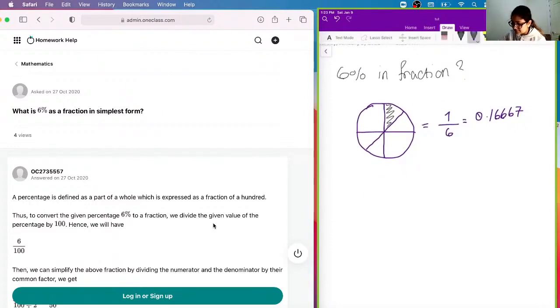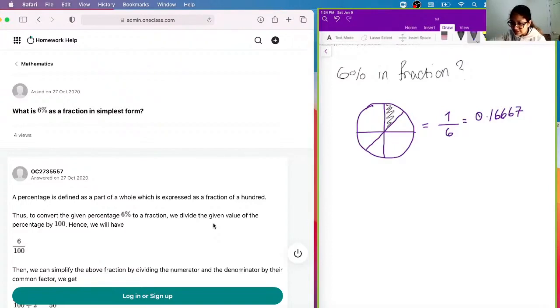Okay. And so keeping this in mind, we can basically find the fraction of 6%. When we're dealing with percent, if it gives you a percent, we assume that this is part of a whole, basically one full thing.